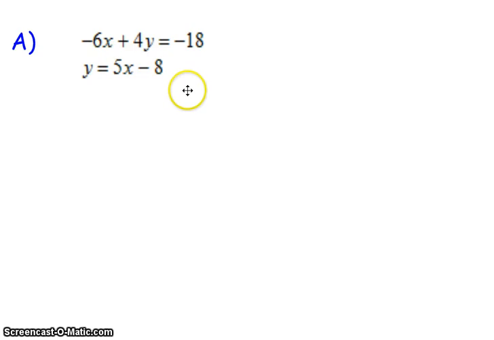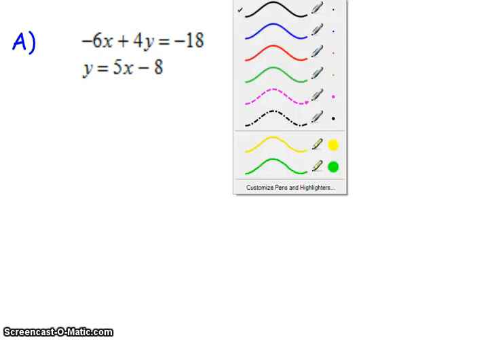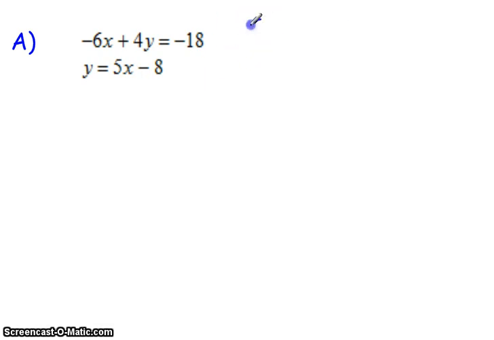Now, my first thought is to do elimination because I like that method better. However, these equations are far away from being lined up. This is the x, the y, equals, and the constant, and this is y equals mx plus b form. So this one's kind of a mess. So I'm going to choose, in this case, to use the substitution method. I think it's easier.